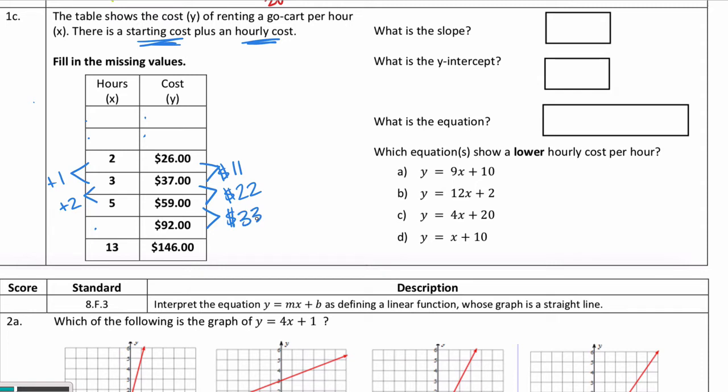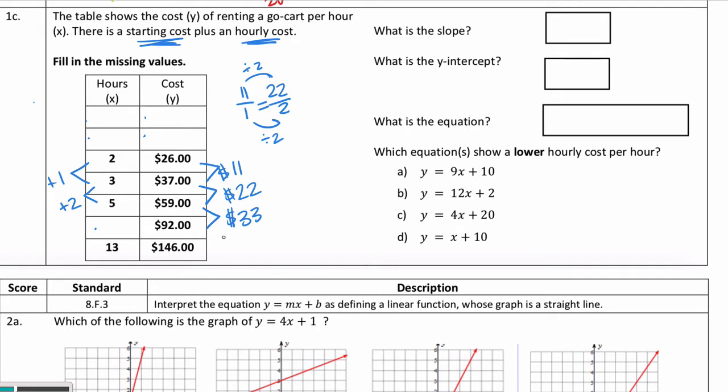So $33, well, at this rate, $11 per hour, $22 per 2 hours, those are equivalent. I can show that by dividing by 2 and simplifying my fraction, going down to my unit rate, or multiplying and going up.